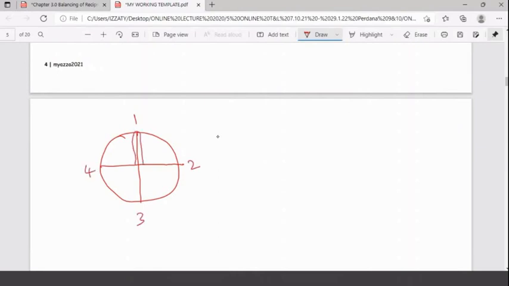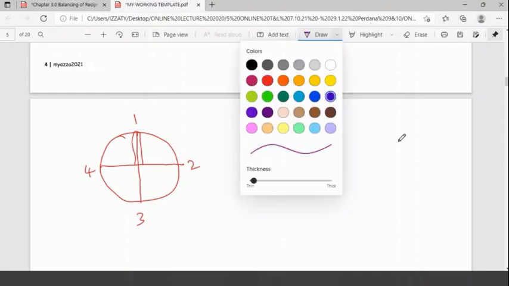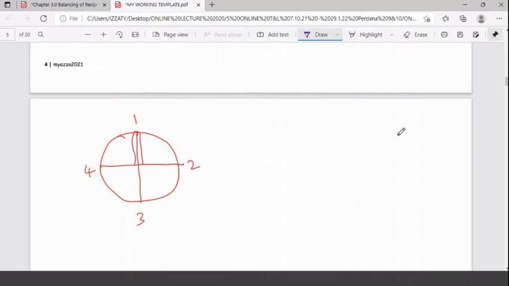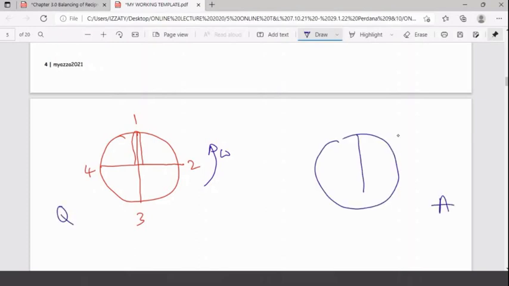Crank here, and let me change color so that you can differentiate the results here. So this is the given direction, omega. Then this is your answer. This is your equation. Of course, in the test you don't have to do this one. I just want to explain to you how it works.